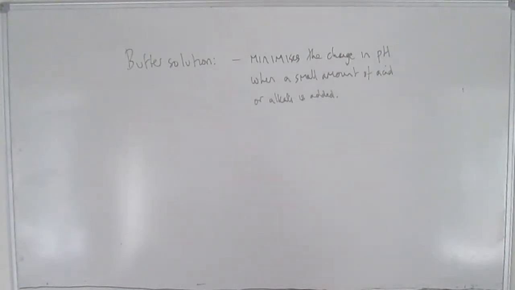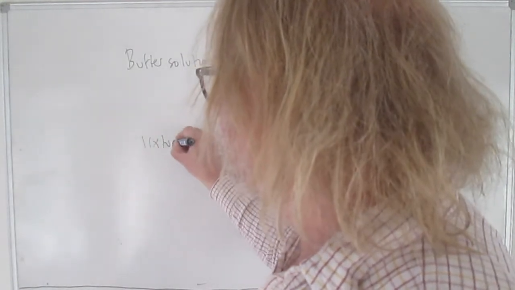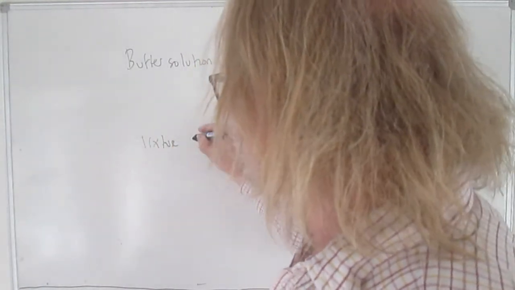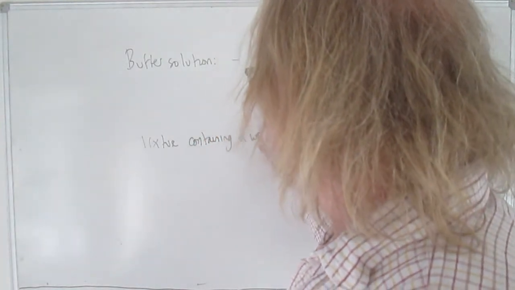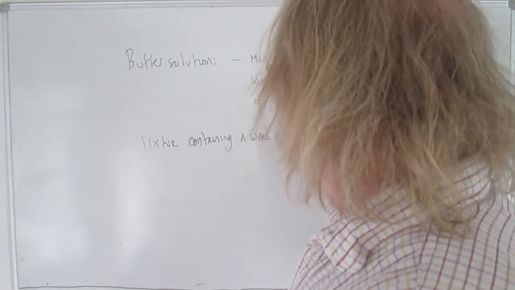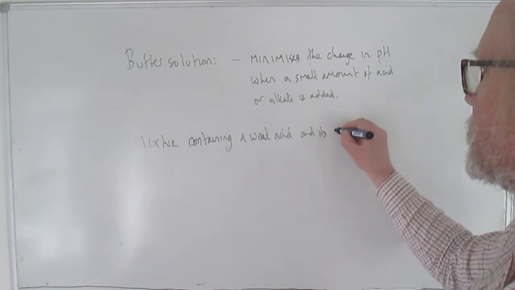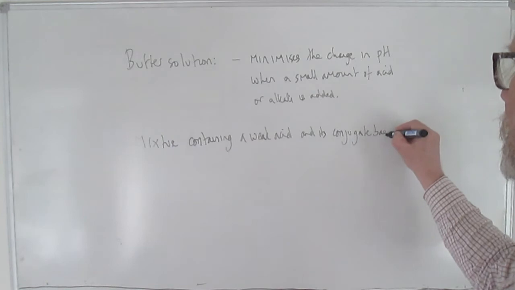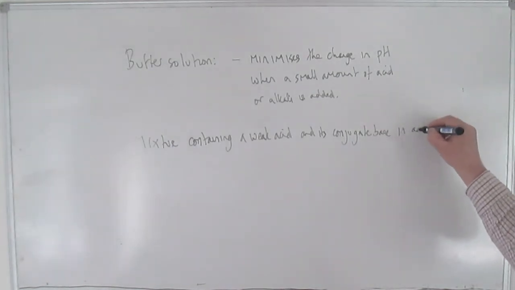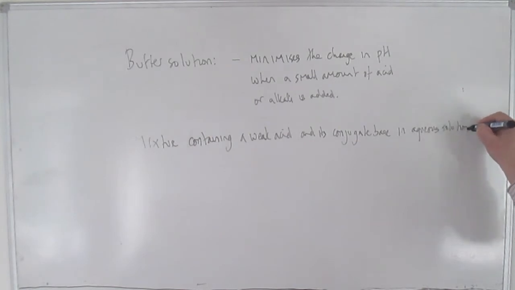And the way you make a buffer is that you make a mixture containing a weak acid and its conjugate base in aqueous solution. Okay, so again you need to know that. So this is what a buffer is.